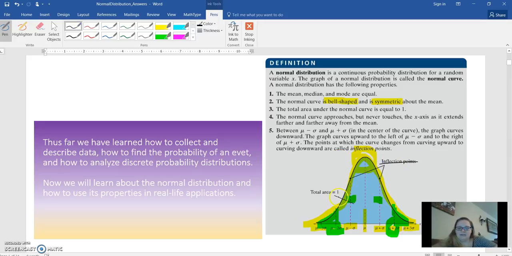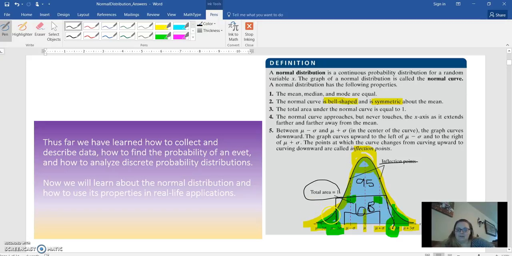All right, this guy is pretty important. The total area under that curve is 1. Now here's why that's important. That means the area under that thing equals 100%. And so like we learned, from here to here was 68. And then from there to there was 95.